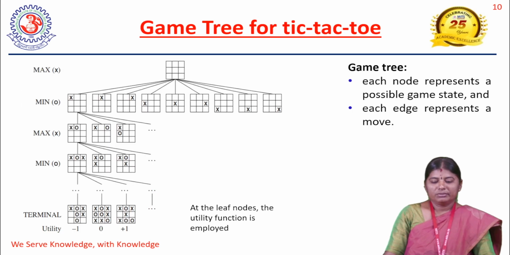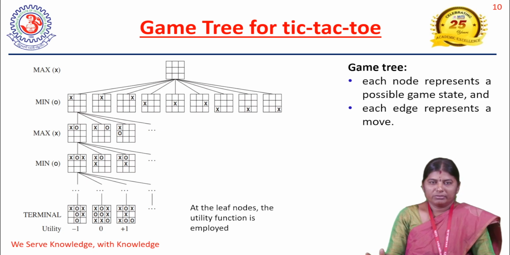As we know, a game tree should be constructed for implementing the Minimax algorithm. In the case of tic-tac-toe, it is too difficult to draw the entire scenario, so we take a simple subset of the tic-tac-toe game tree. Conventionally, the max player plays first, followed by the min player.